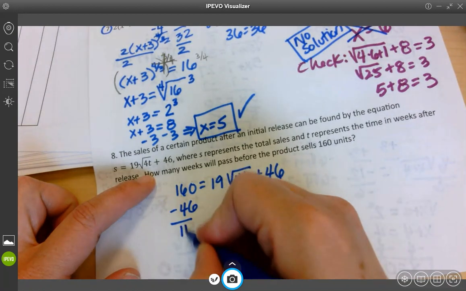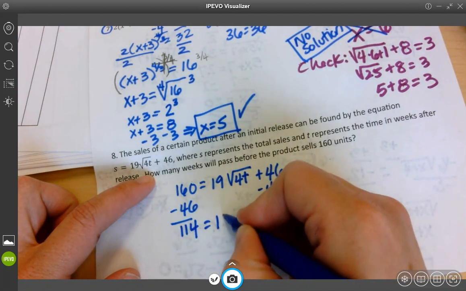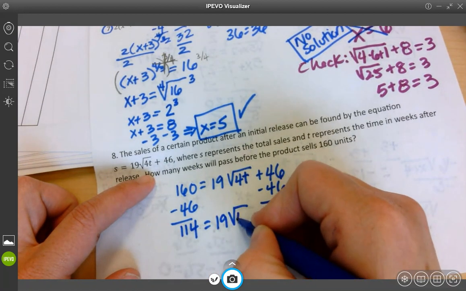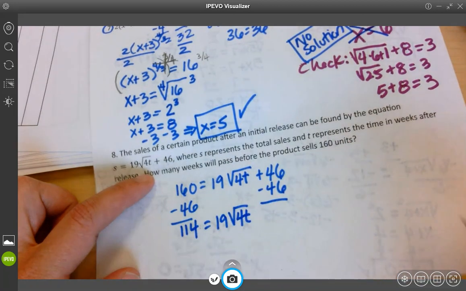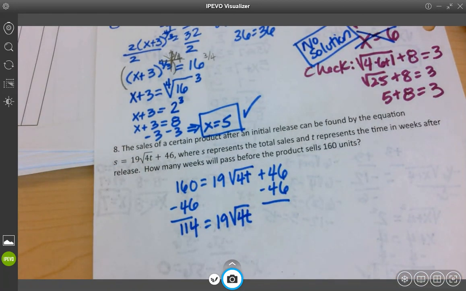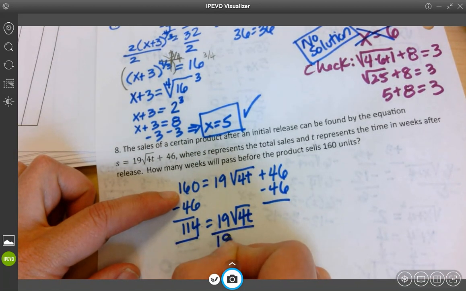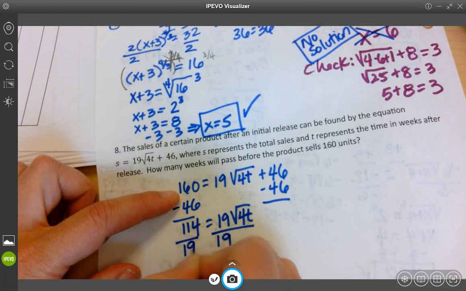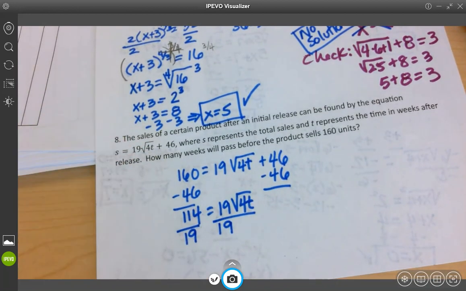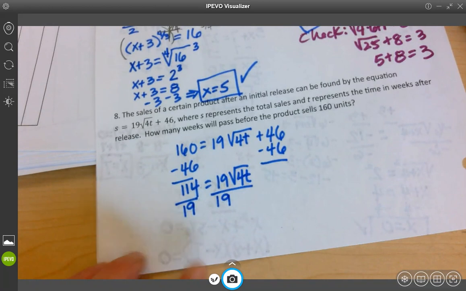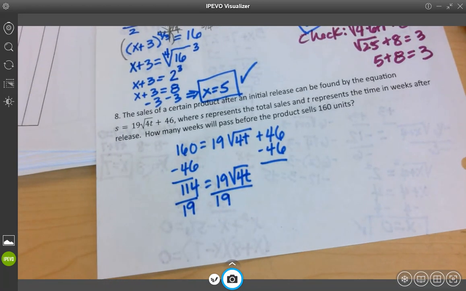Yeah. Okay. And then how do I get rid of that 19? Divide it, good. All right, what does that give us? 114 divided by 19. 6. Thanks, Islan.